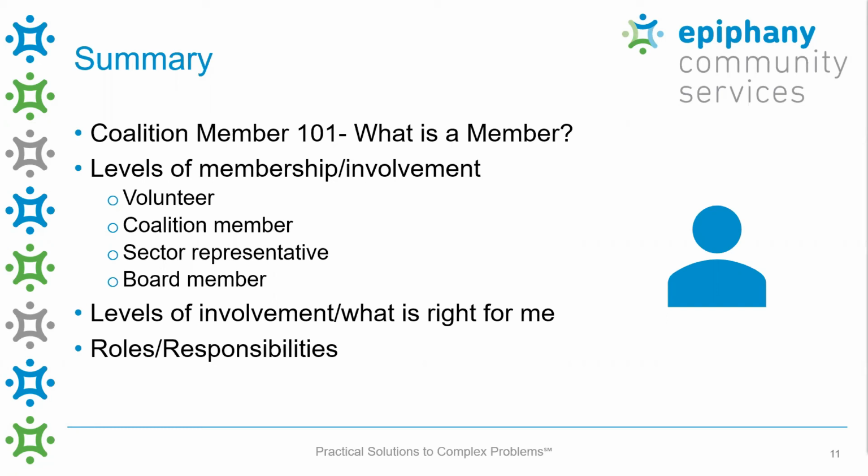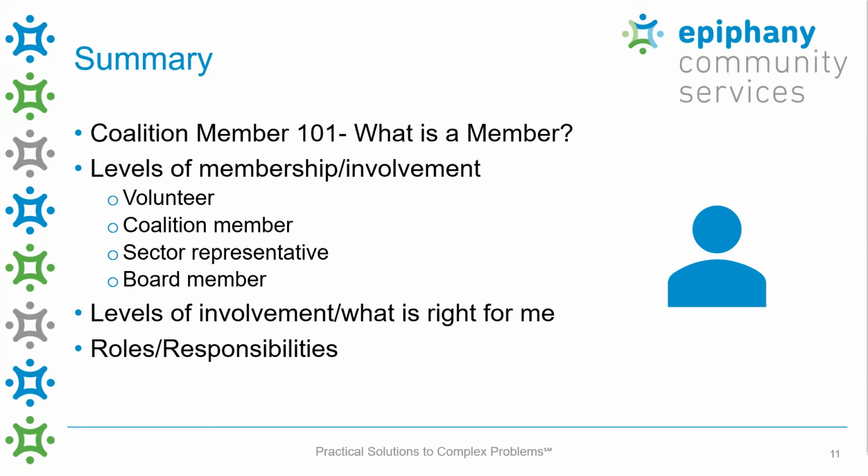We wanted everyone to know the roles and responsibilities at each level so they could make the right decision for them. Because at the end of the day, we want them to feel valued. We don't want them to feel overworked. We want them at the right involvement level so they feel valued and feel like they have input and a say, but aren't getting overworked and leaving in a month, right? That's not what we want.